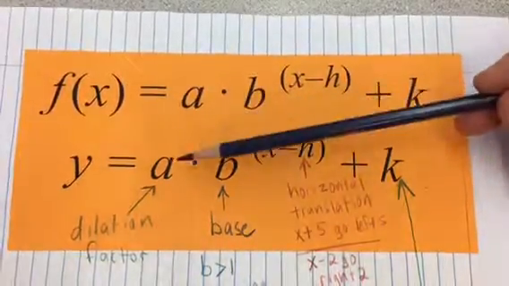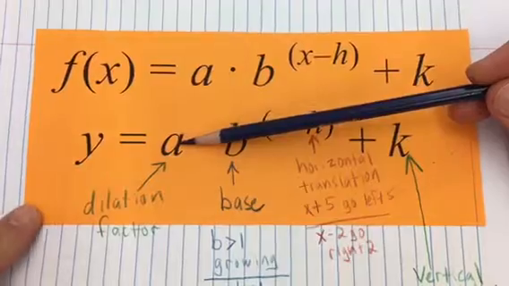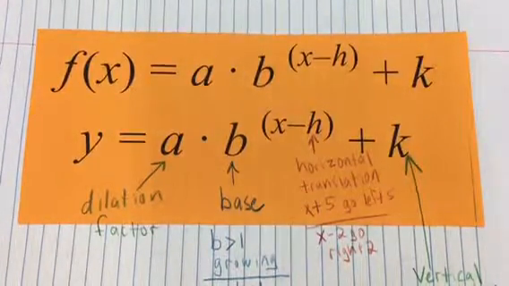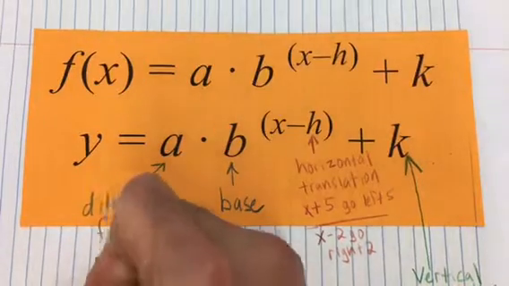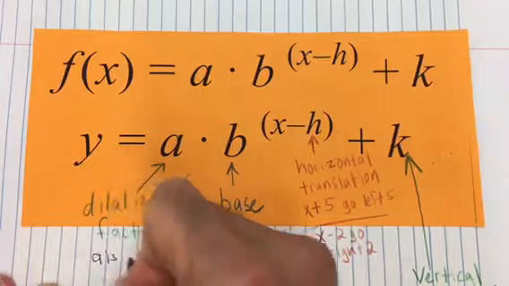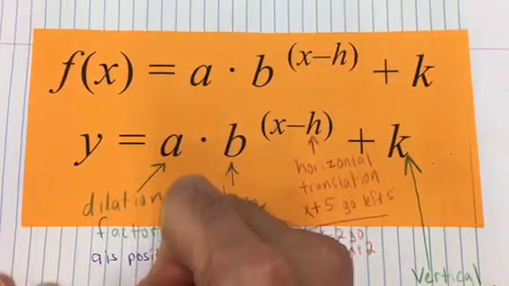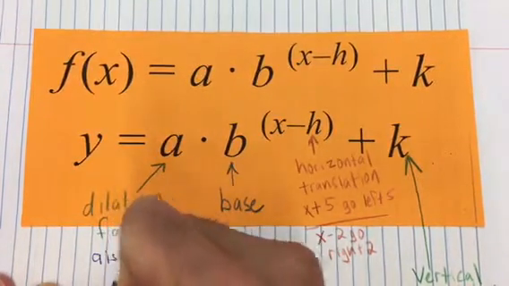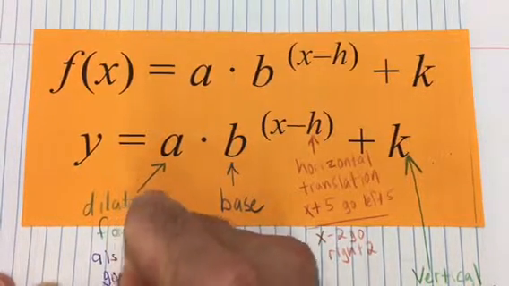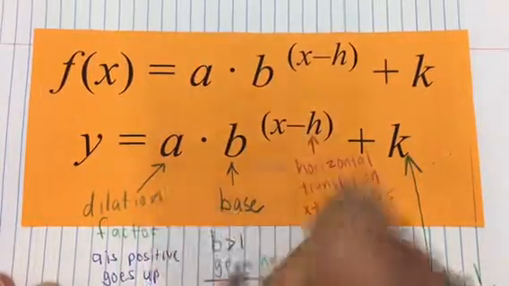In our notes, the a value is going to be our dilation factor. If a is positive, it goes up.